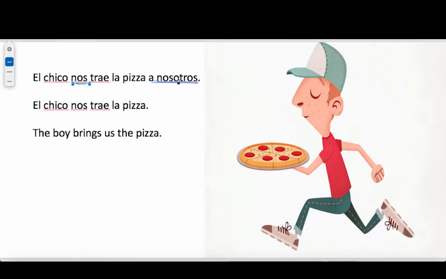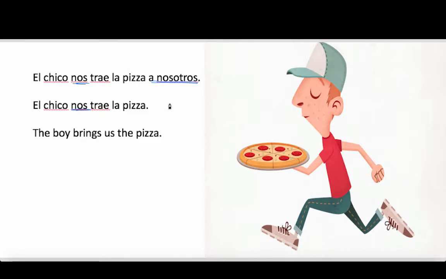In here, we have two examples. El chico nos trae la pizza a nosotros and el chico nos trae la pizza. In here, nos, we only have the indirect object pronoun. We don't have a prepositional phrase at the end because it's really not necessary because nosotros is not ambiguous.